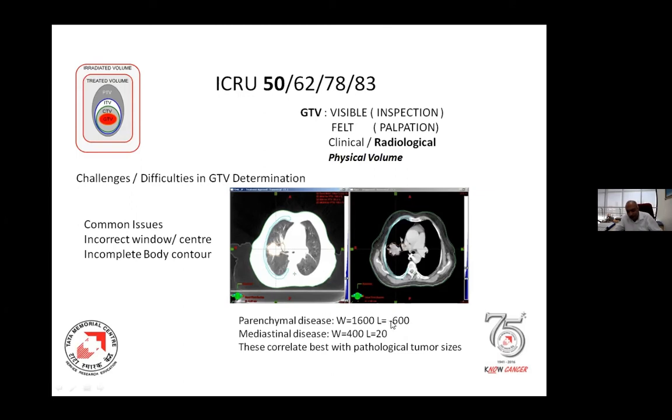Here in the mediastinal, it has to be 420. That's what we have standardized. If we follow this rule, the likelihood that what we mark will corroborate with the pathological size is higher, and that is probably the most accurate way of marking these gross tumors.